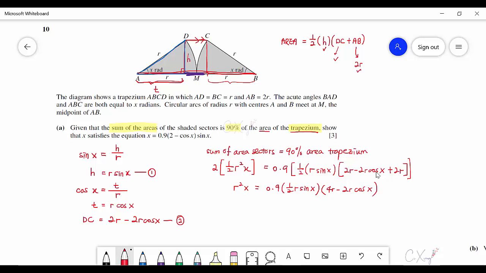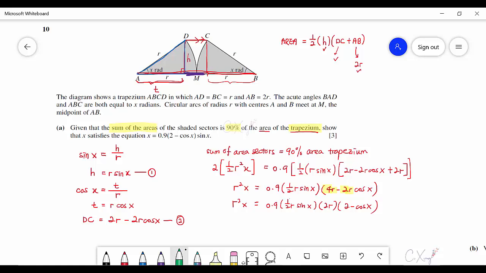Then again, I want to simplify it further. Here I can factorize out the 2 and also the r. If I factorize out the 2 and r, I will have 0.9, then half r sine x, 2r, then 2 minus cos x.